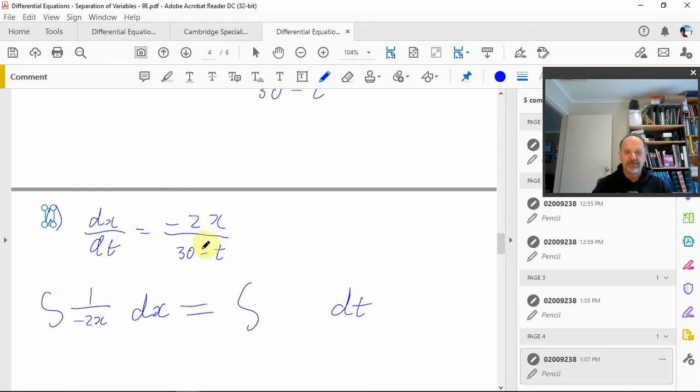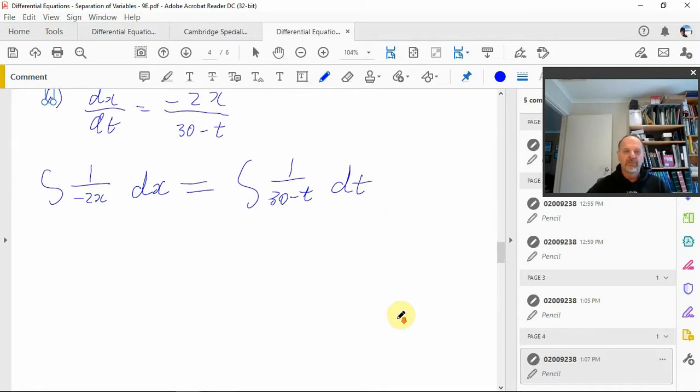And the dt has come across, if you like, and we've now got 1 on 30 minus t. And so now we're going to solve that. All right, so let's have a look. So I can take negative half out here as a constant factor, and we've got 1 on x dx.